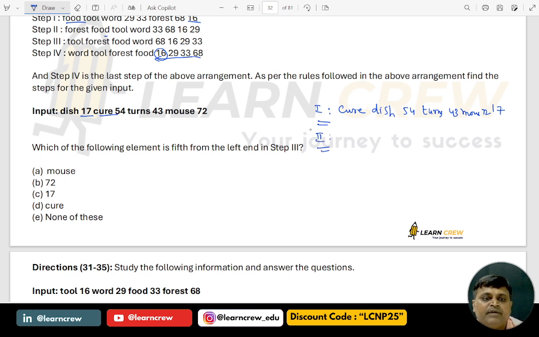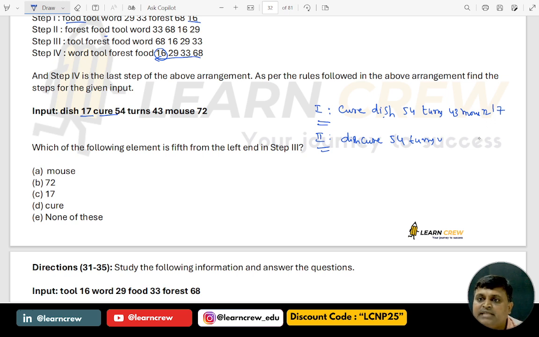Now second step, what happened? After C what will come? Dish. So dish, cure. Now dish, cure, dish is arranged. So now 54, tons. Now after 17 what will come next? 43.